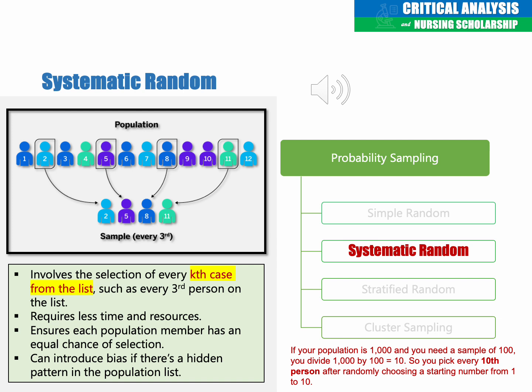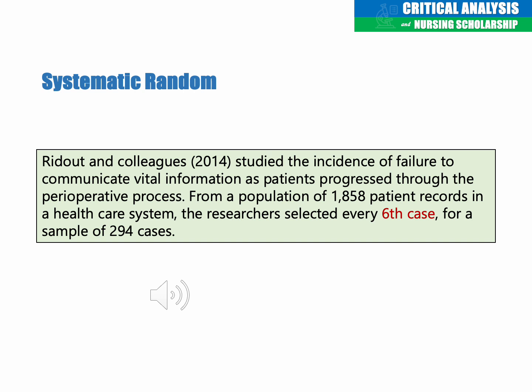Okay, I'll give you a specific example. A hospital roster lists all nurses alphabetically, and you wanted to select every fifth name to participate in your study on nurses' stress. That is systematic random sampling. Now, this is an example of a research conducted utilizing systematic random sampling.